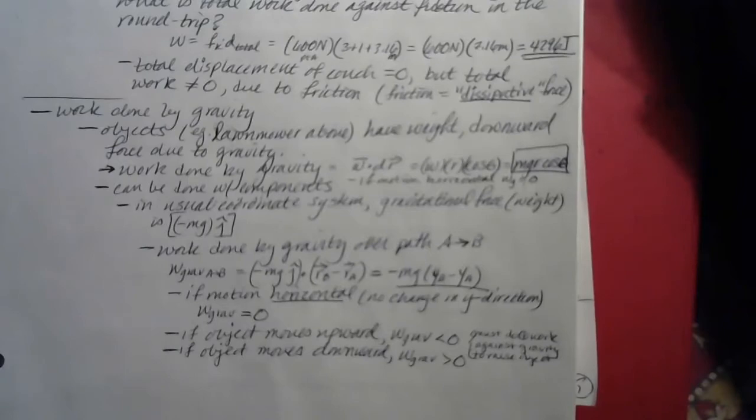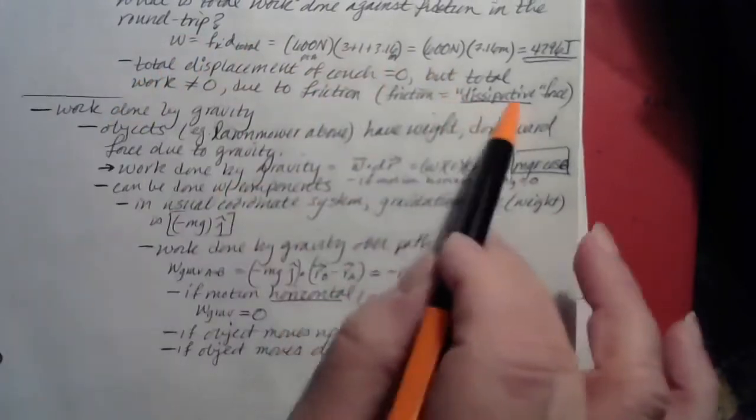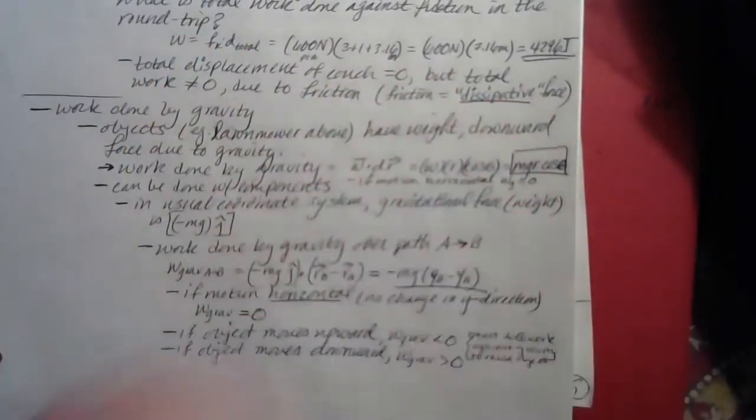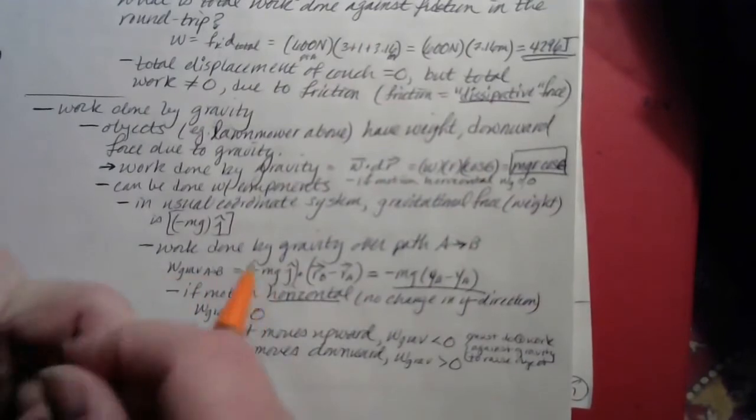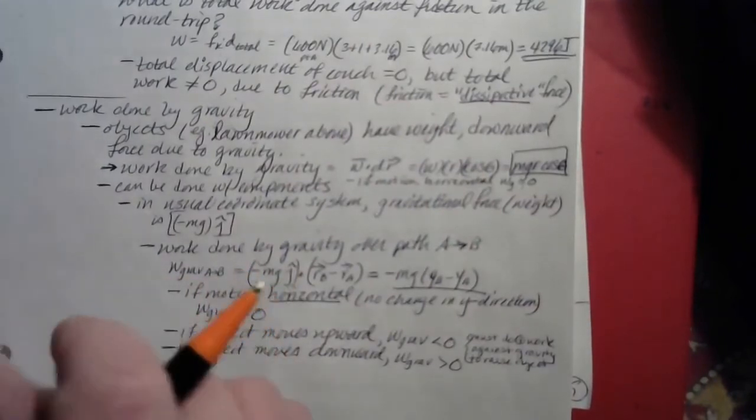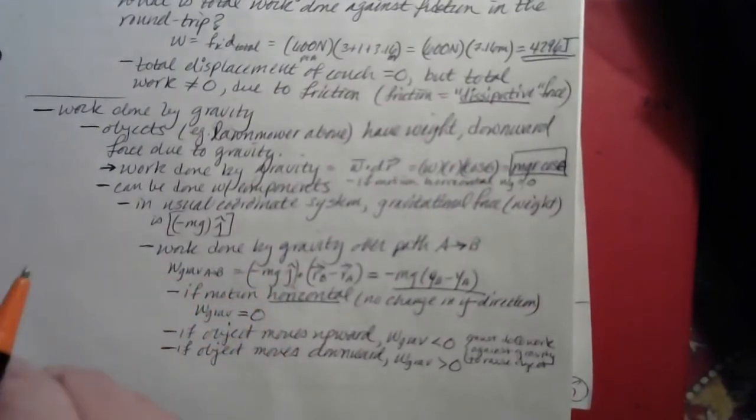Sorry, so basically, if you come back to where you started, your displacement is 0, but your work is not. And that's because friction basically acts no matter which direction you're headed in. And so you don't lose friction if you move backwards, is kind of what I'm saying.